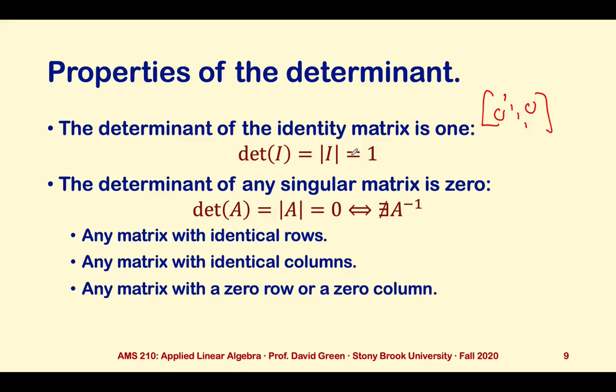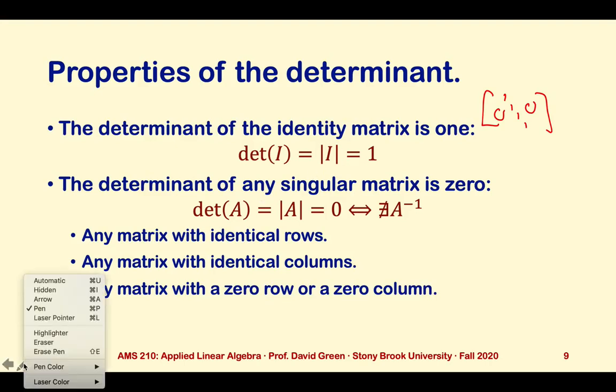We've already discussed how the grounding idea of the determinant is that it should allow us to indicate whether a matrix is singular or not. The determinant of any singular matrix must be 0.